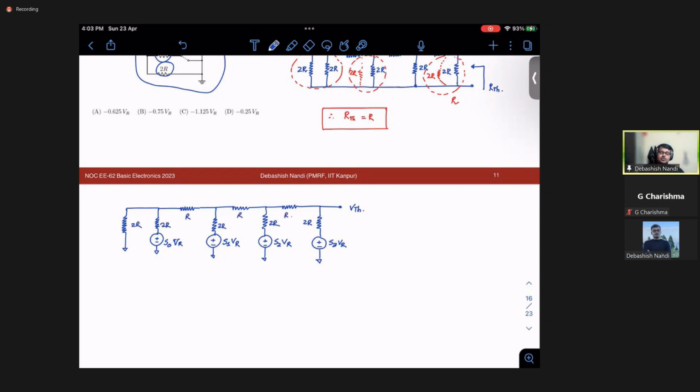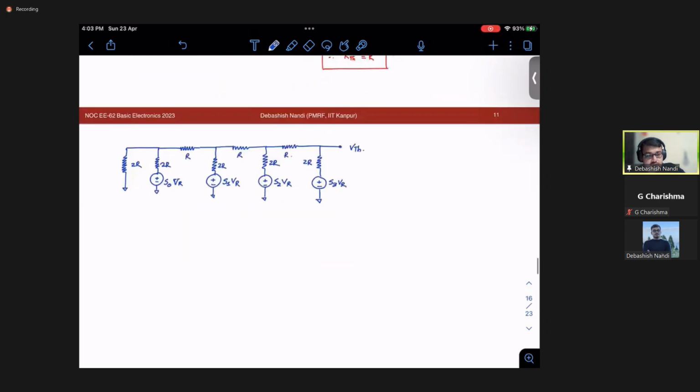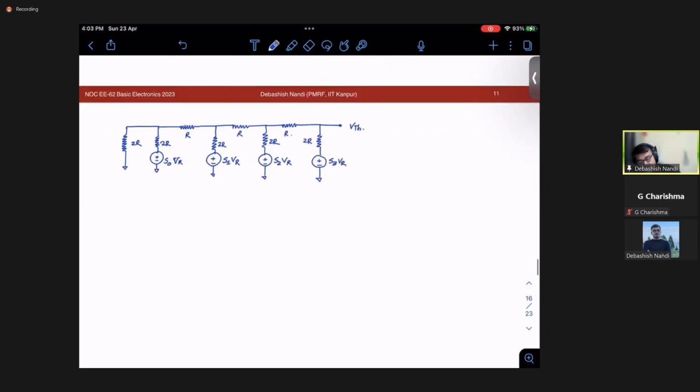So what do you see? The first observation is that this is a linear network. Use superposition. That means first I will take this source and null all the other sources.